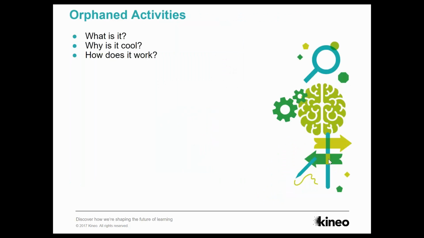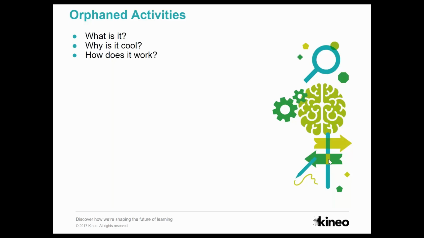So let's talk about orphaned activities. What exactly is it? Essentially, it's a way to hide all of those links in your course. If you're familiar with building a Totara course or a Moodle course, you know that any activity or resource always displays as a link on your course page. Sometimes people don't like that. They feel like it's a bunch of links, and especially in really big courses, it can get a little redundant if you're not using things like labels and headers to break things up and give your course a little bit more eye appeal.